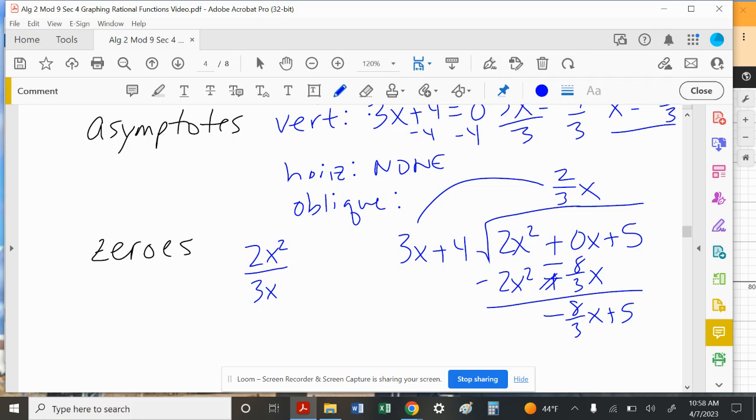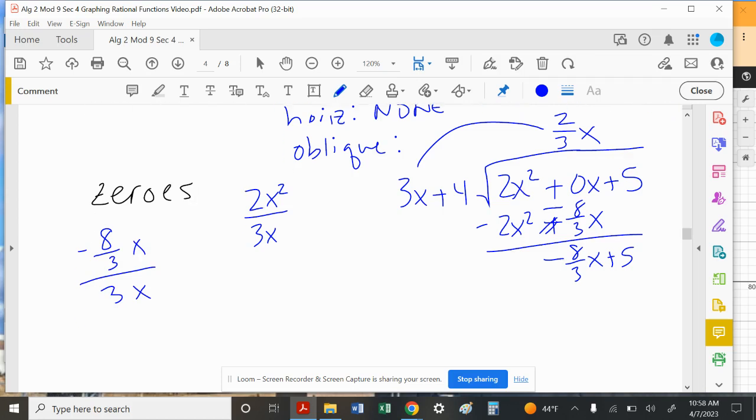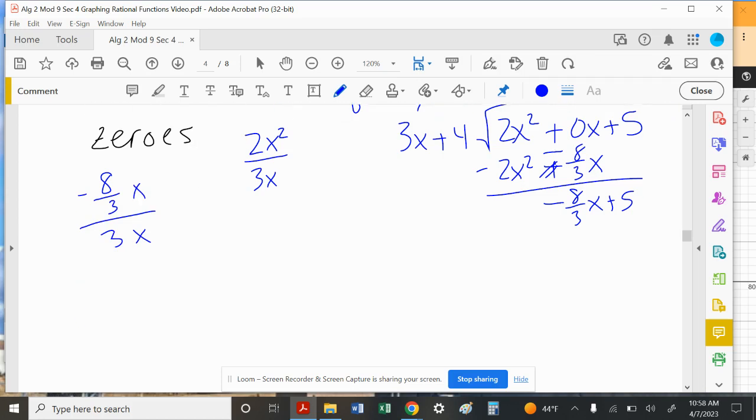So then we're going to do negative 8/3 x divided by 3x. So notice it's getting pretty messy. As we start going through some of these problems, it can definitely happen, but it shouldn't curtail you from doing anything else. Now notice that the x's will cancel, so we end up with negative 8/3 over 3.